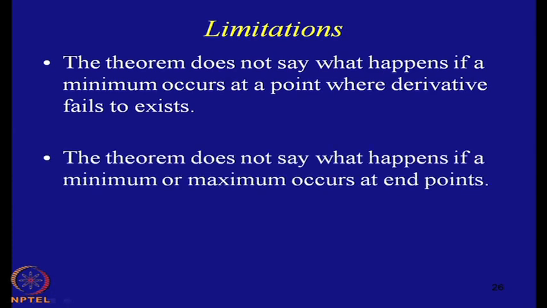That is one limitation. The next limitation is that if the function is defined within an interval, what is happening at the end points? There can also be an extreme point. In these two cases the classical optimization technique fails to say anything. We need further techniques to handle those situations.